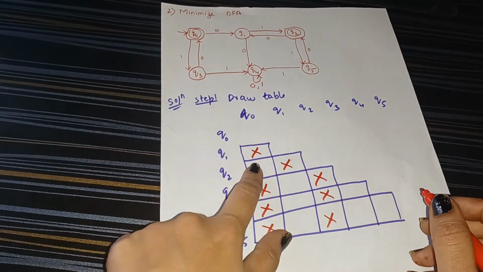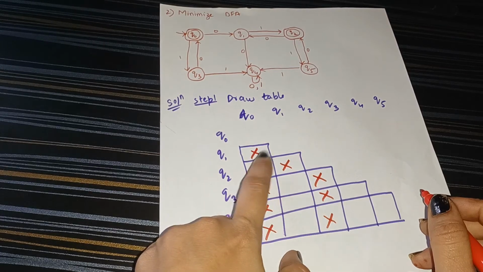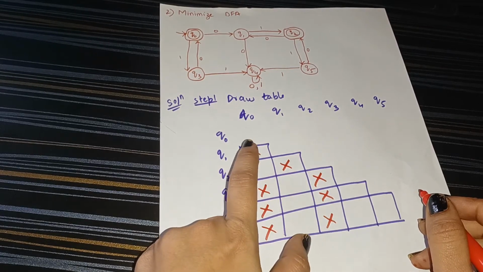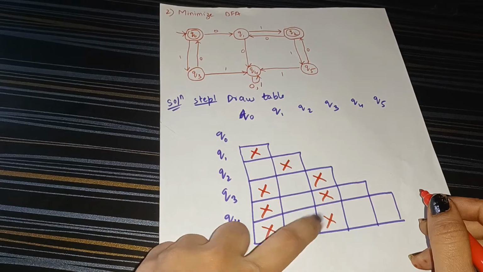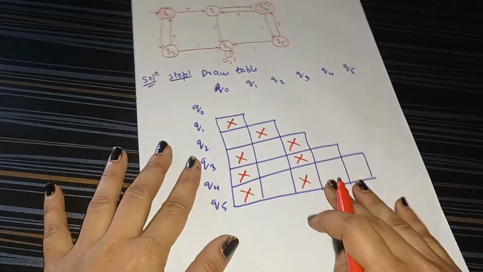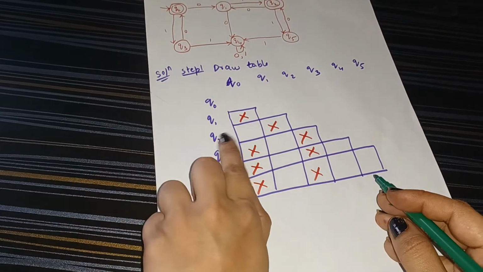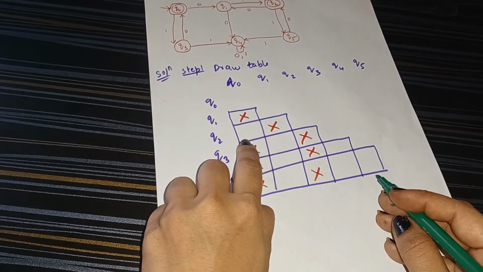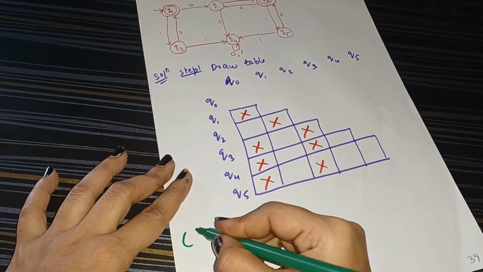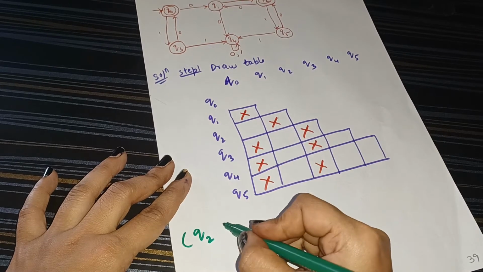So in the next step we will check all the unmarked pairs using transitions. The first unmarked pair is Q2, Q0, so we'll check for Q2, Q0.